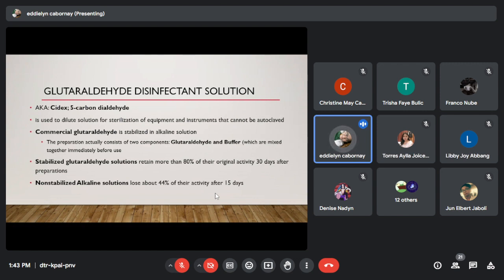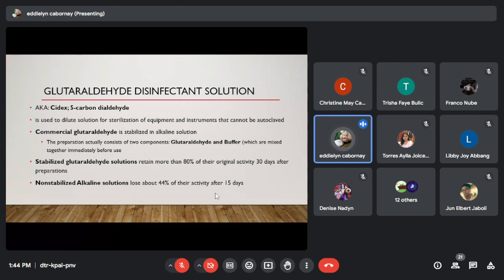Pure glutaraldehyde is prone to degradation over time, which can reduce its effectiveness as a disinfectant or sterilant. That's why stabilized glutaraldehyde solutions are formulated with additives and stabilizers to prevent degradation and maintain their potency over their shelf life.